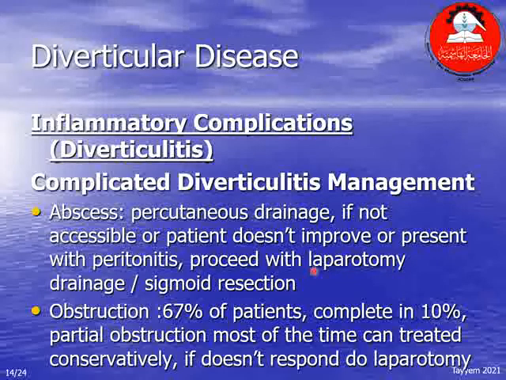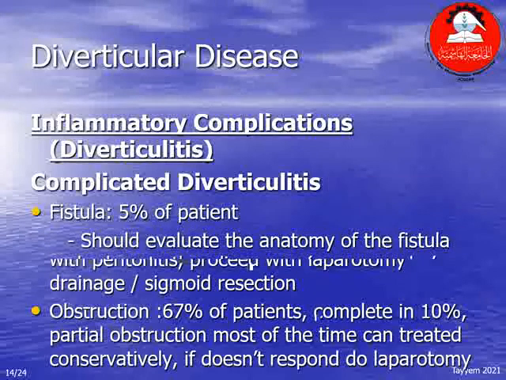Obstruction happens in about 2/3 of the patients, and complete obstruction in 1/10 of patients. Most of the time, the obstruction can be treated conservatively, and the people who do not respond to conservative management need surgical intervention.